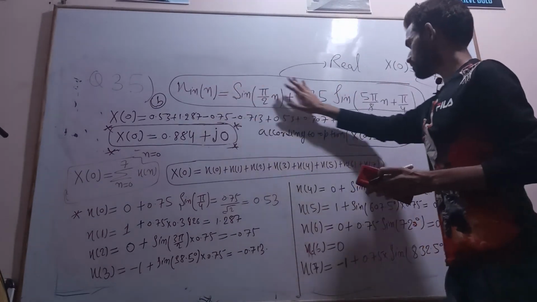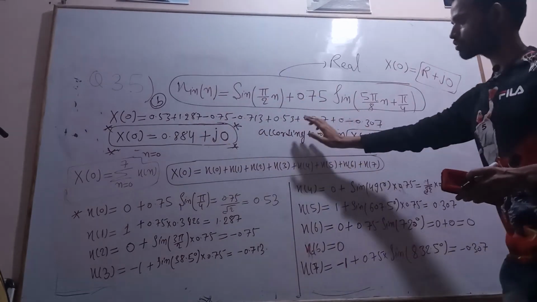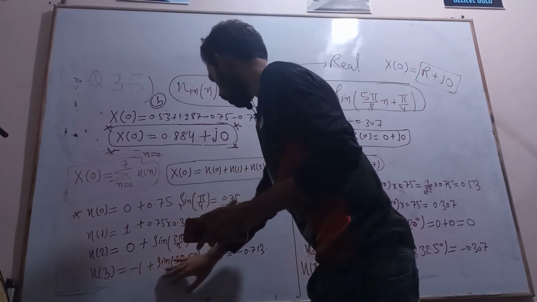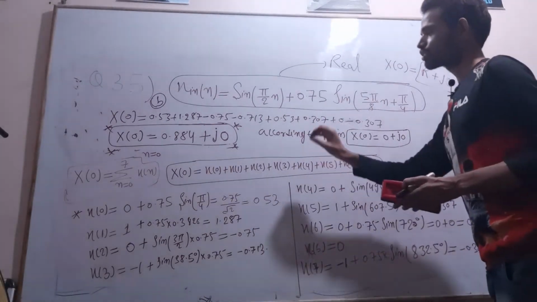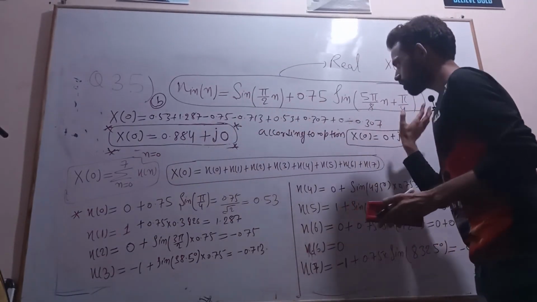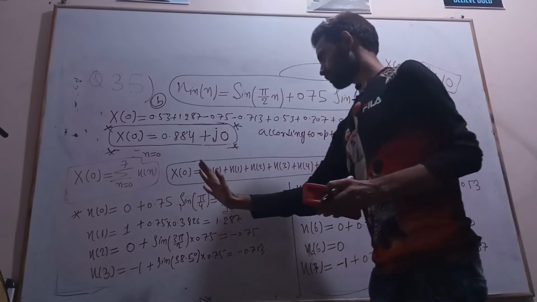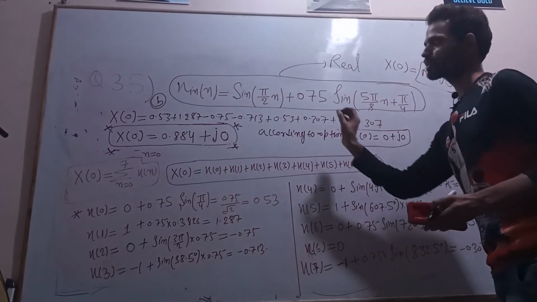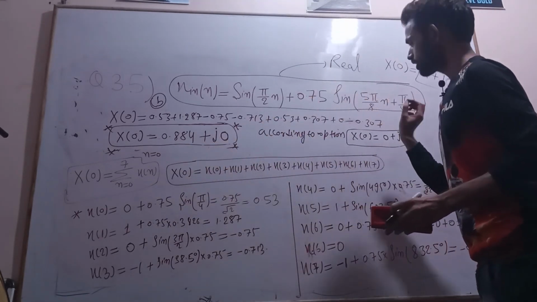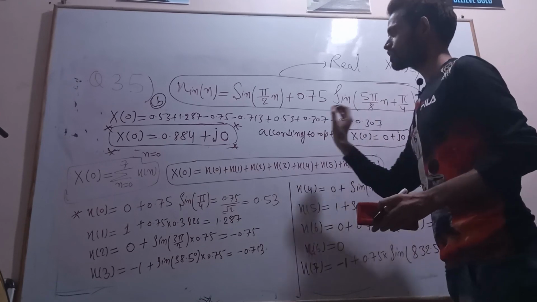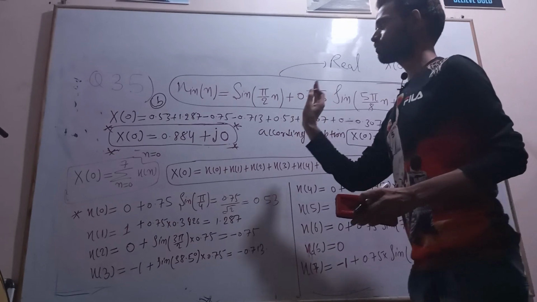If you observe at first glance that x of n has all real values, there is no imaginary value; the imaginary value is always 0. Therefore, the three options with non-zero imaginary value are automatically gone. Definitely you go to the option which has imaginary value 0, so option B is correct.